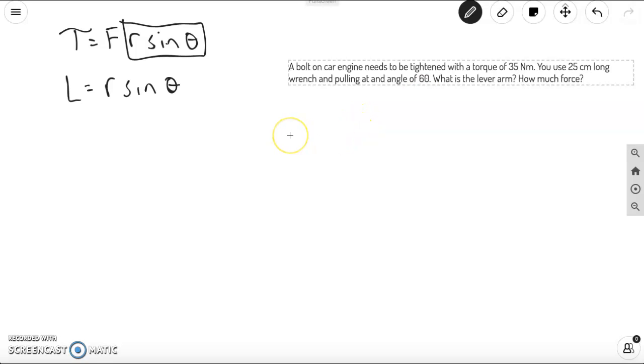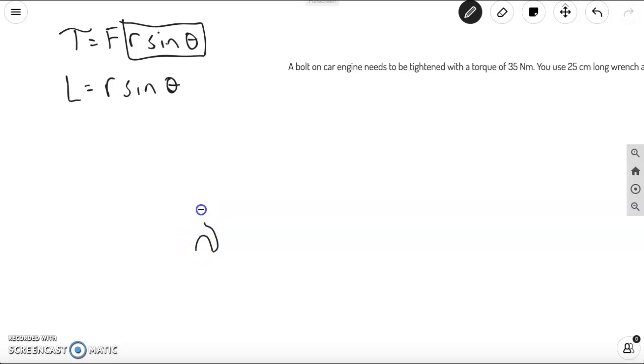So the first thing we want to do with this is we want to draw a picture of it. So, okay, we have a wrench and a bolt. The bolt is going to be our axis of rotation. This is the point at which we're spinning around. And the length of our wrench is going to be the radius. Okay? How far away it is.